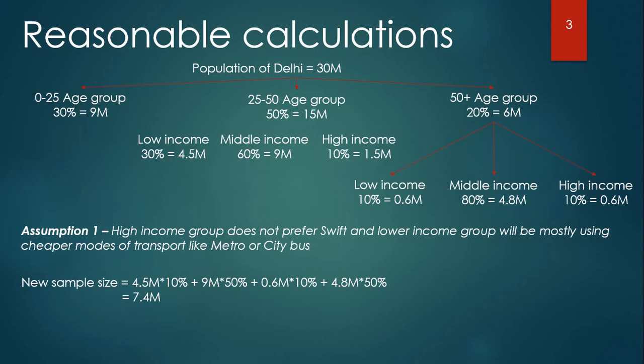For low income group, I am considering just 10% of them will be using cars, and for the middle income group I am considering 50% will be using cars, and same I have done for the 50 plus age group, where 0.6 million multiplied by 10% and 4.8 million multiplied by 50%. So this gives me a new sample size of 7.4 million.